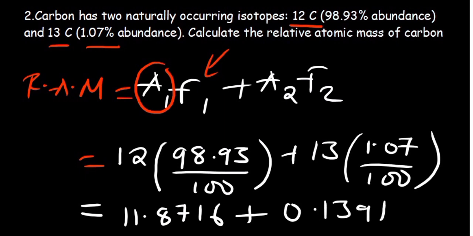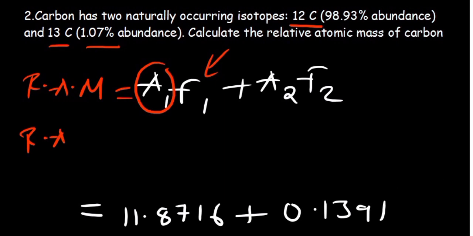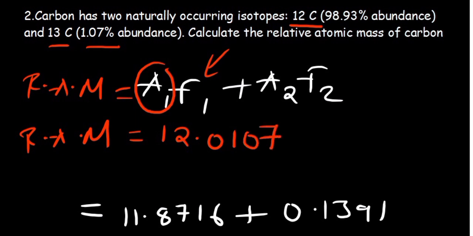Okay, so after doing our calculations here, what are we going to have as our relative atomic mass? So we need to add the two. 11.8716 plus 0.1391. I'm getting 12.0107. Okay. So basically this is what we have as the relative atomic mass.